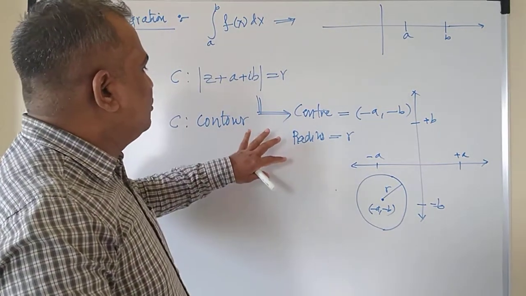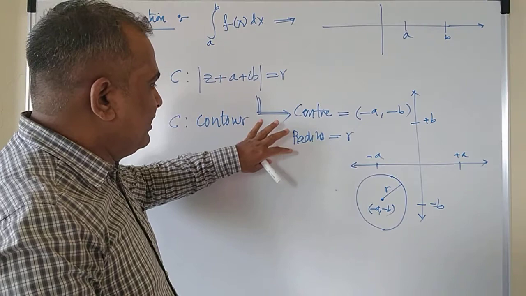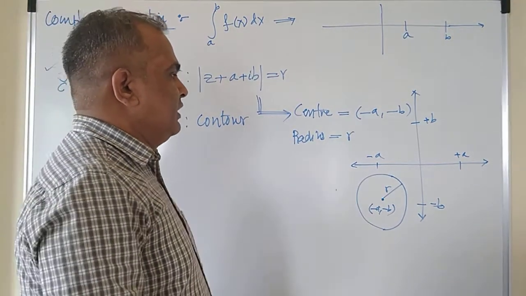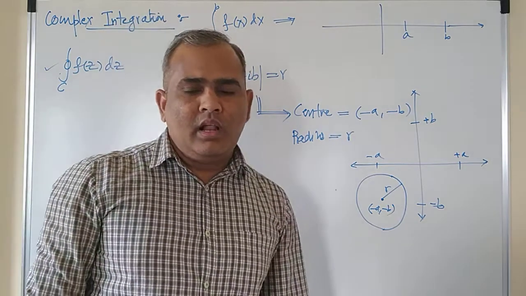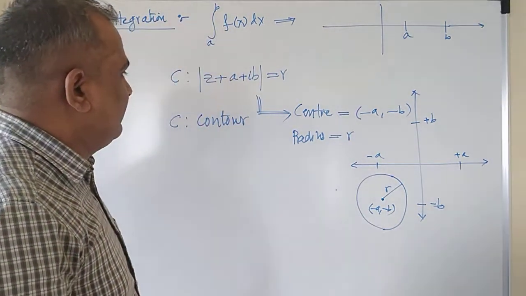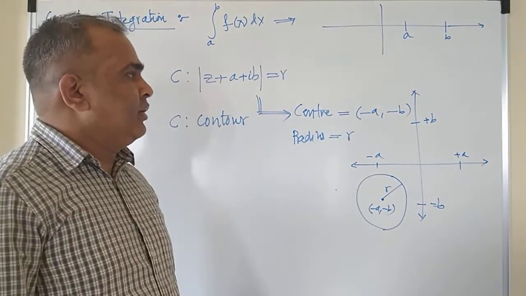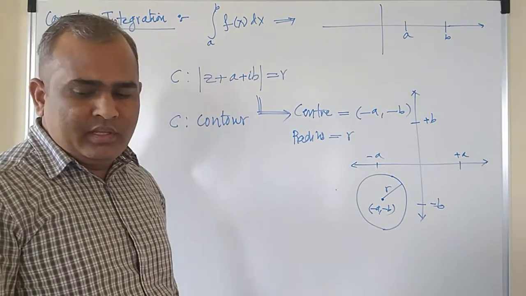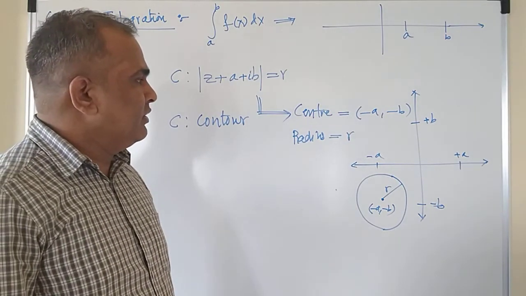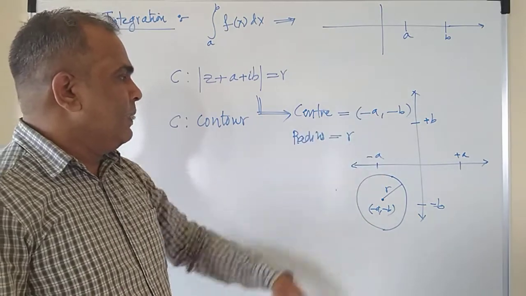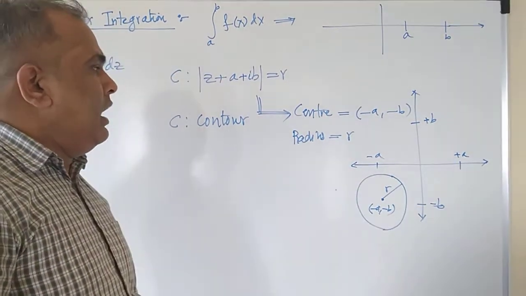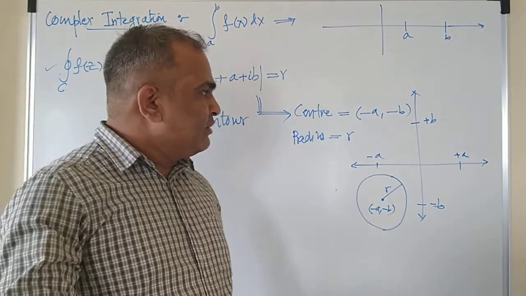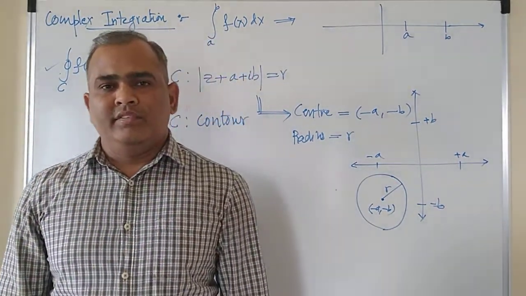So with this you might have understood how to obtain the center and the radius for the given complex integral or for the given example, right? Now let us see some examples, and by using those examples you can easily obtain the center and the radius, and the rest of the points I will explain in the example itself.